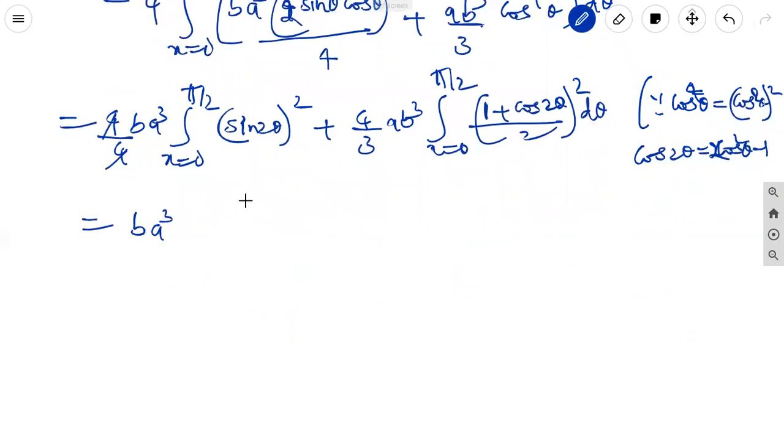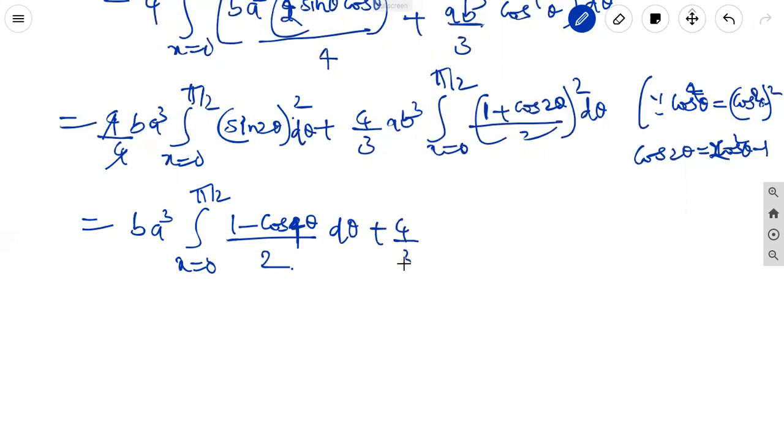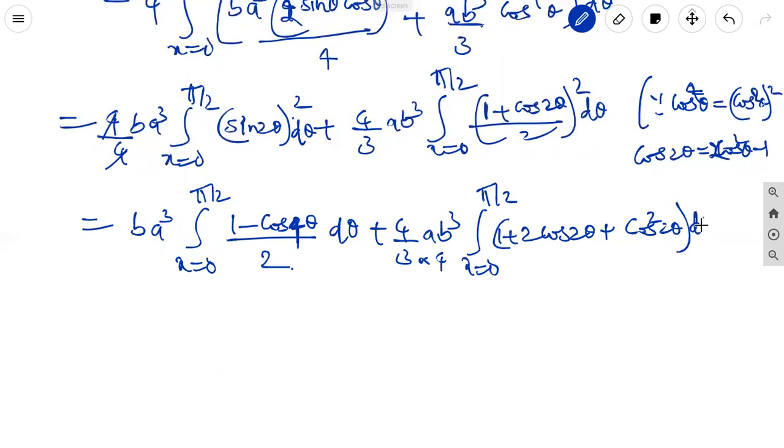It's b a cube and integral from 0 to pi by 2 of sine square 2 theta, which we can write as 1 minus cos 4 theta by 2, d theta, plus 4 by 3 a b cube, here 2 to the 4, and integral from 0 to pi by 2 of 1 plus 2 cos 2 theta plus cos square 2 theta whole d theta.